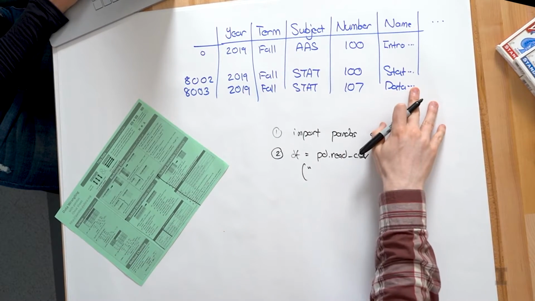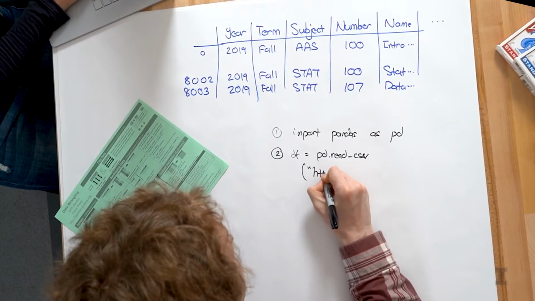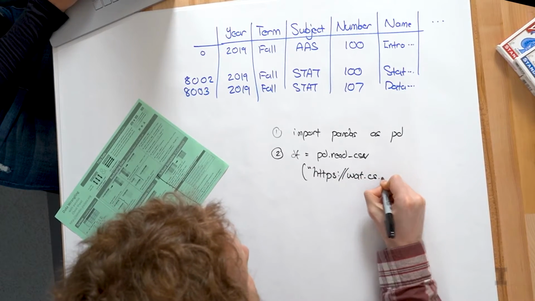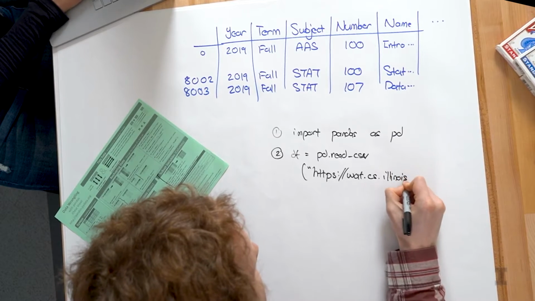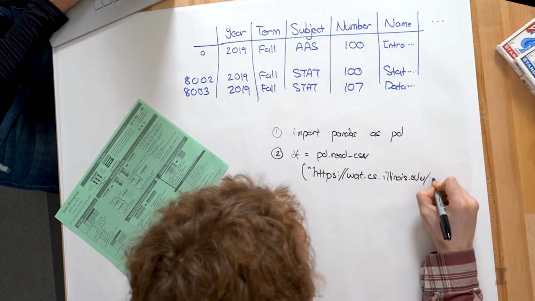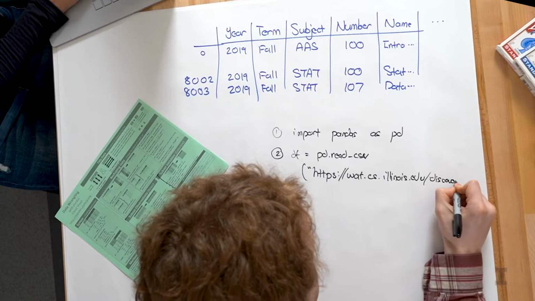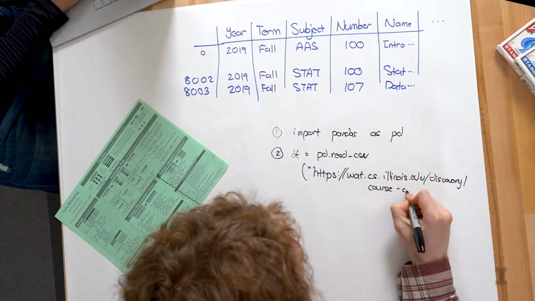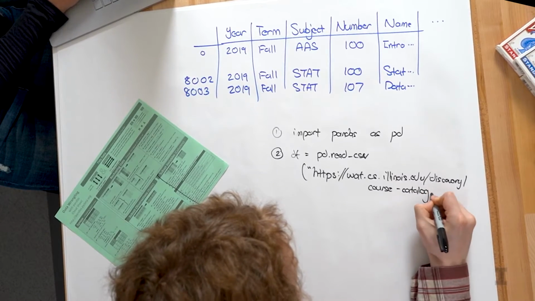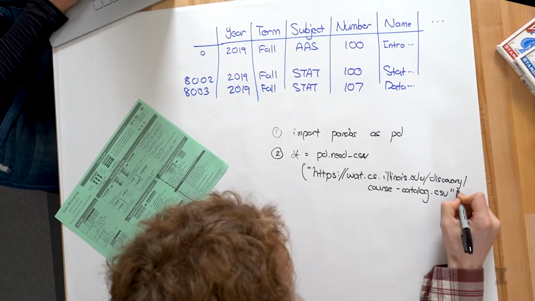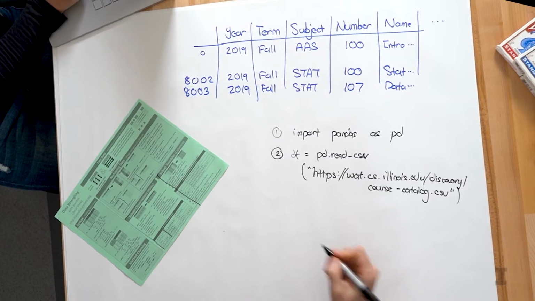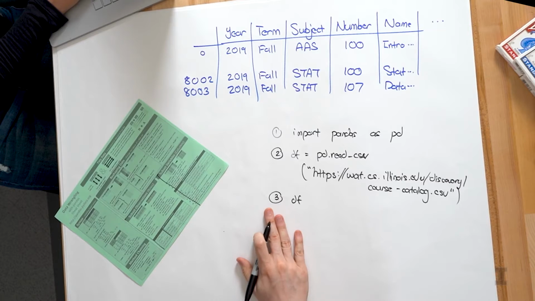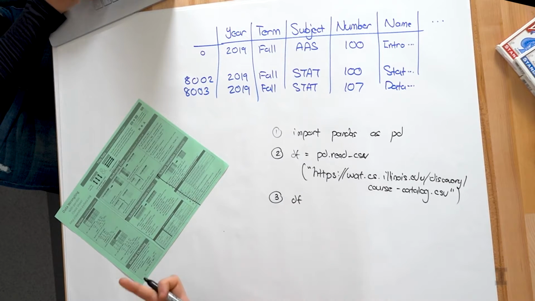Today we're going to work with the course catalog data set. https://waf.cs.illinois.edu/course-catalog.csv. Close quotes, close parentheses. And then, as always, the third cell should simply be df to let us see what's in the data set.